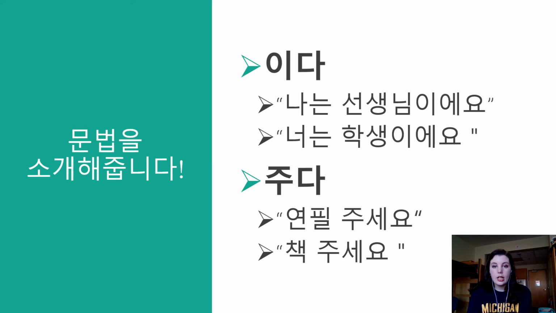So your teacher can say to you, 소개해 주세요. 소개해 주세요 means please introduce yourself. So it's please do this for me. But of course it doesn't mean give me your introduction, right? So when you translate it literally, that is what it means. But 주세요 can just mean please do this for me.